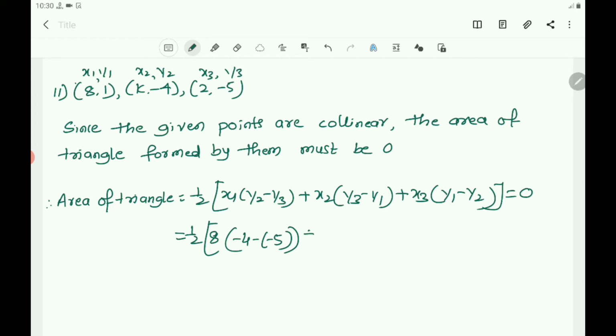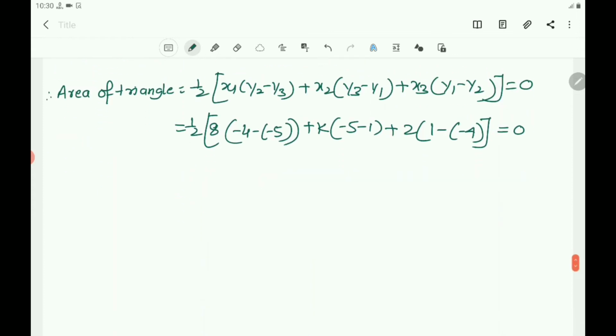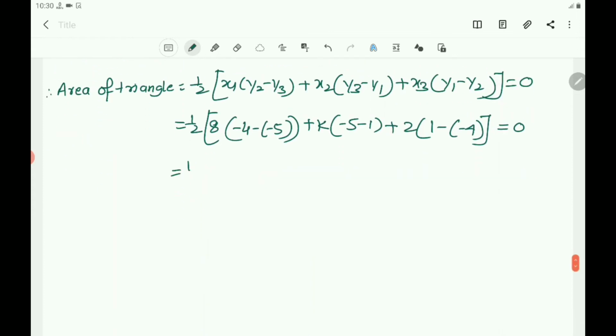Then plus x2 is k here, k into y3, y3 is minus 5 minus y1 is 1, plus x3 is 2, into y1 which is 1 minus y2 which is minus 4, equals 0, equals half into.